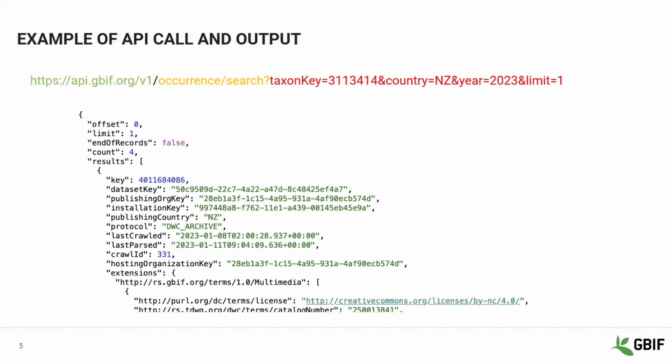Okay, so in reality, when we look at APIs, the colorful line on top is what we call an API call. In that, we are telling gbif.org that from version 1, I want occurrences, and I want to search it for a particular taxon key, for a particular country, for a particular year, and things like that.